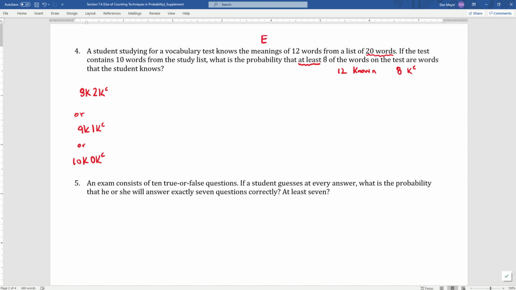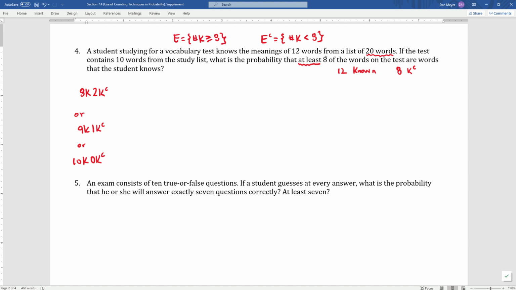Our complement event here would be the number of knowns is less than 8. The event itself would be all of the tests where the number of knowns is greater than or equal to 8.